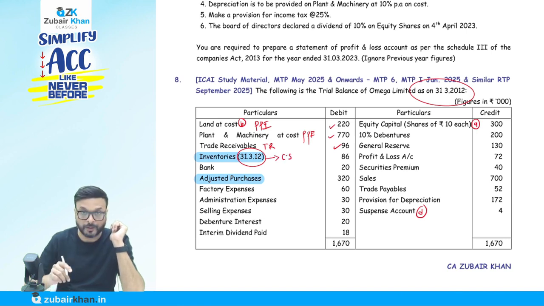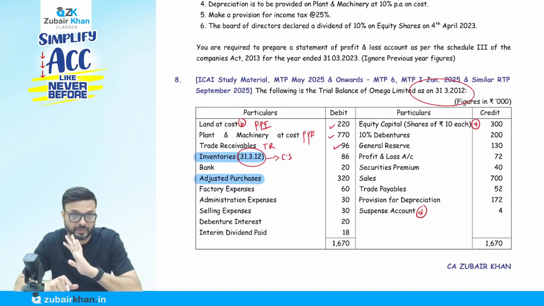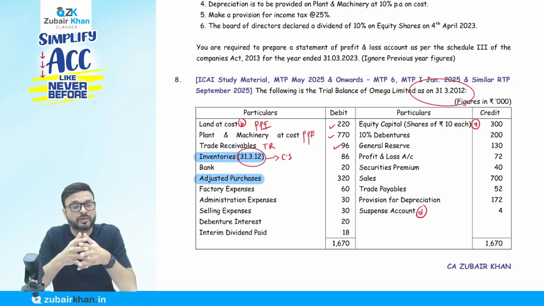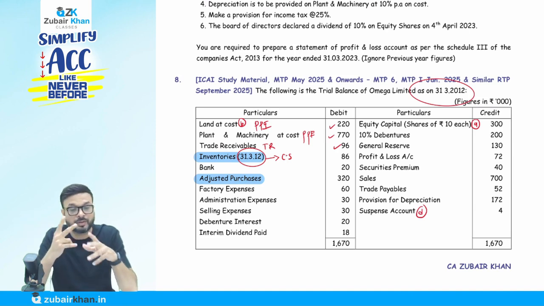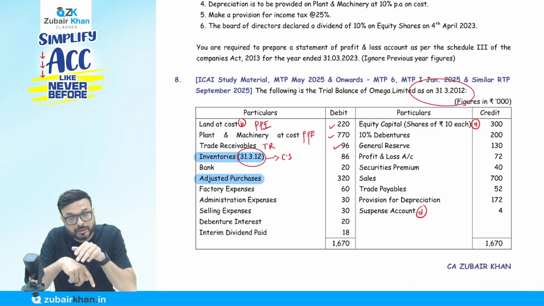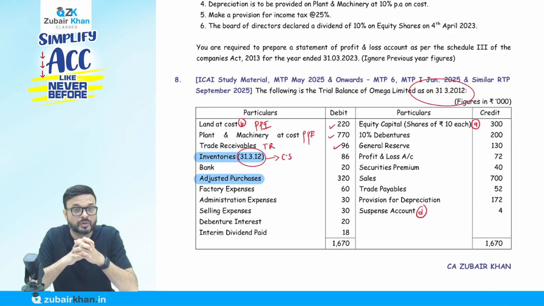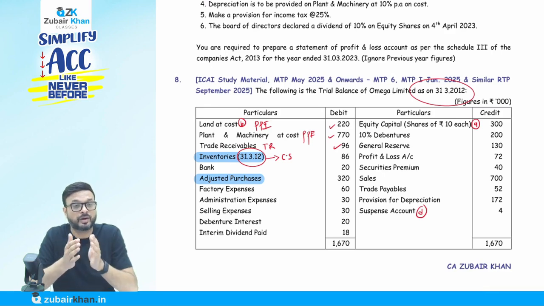Generally they don't give the closing stock in the trial balance; they give it in additional information. When they give the closing stock in additional information, we write it on the asset side, and in the change in inventory, we deduct it from there. We have to give the two effects. But here they have not mentioned the closing stock in additional information, not as an adjustment. It is given in the trial balance. What does it mean if this closing stock of 86 is given in the trial balance? It means that they have already passed the accounting entry for this closing stock.